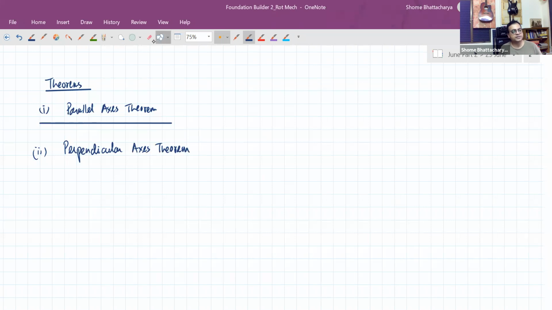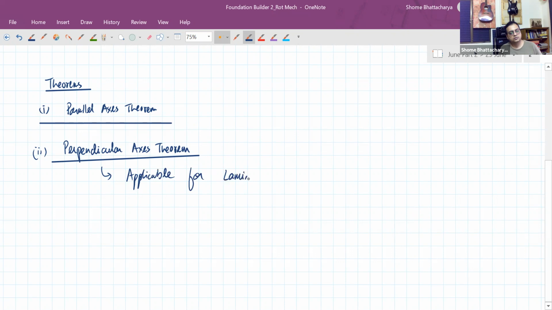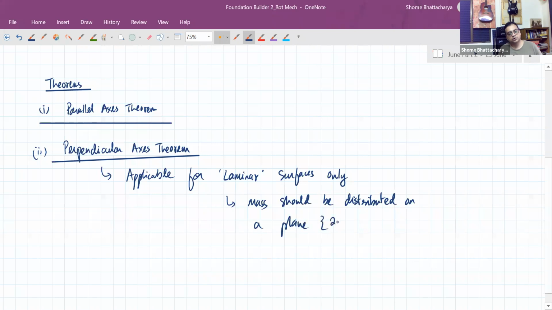Now this is a bit more specific than the parallel axis theorem. Perpendicular axis theorem is applicable for laminar surfaces only. That means the mass should be distributed on a plane, or what we call a two-dimensional surface.